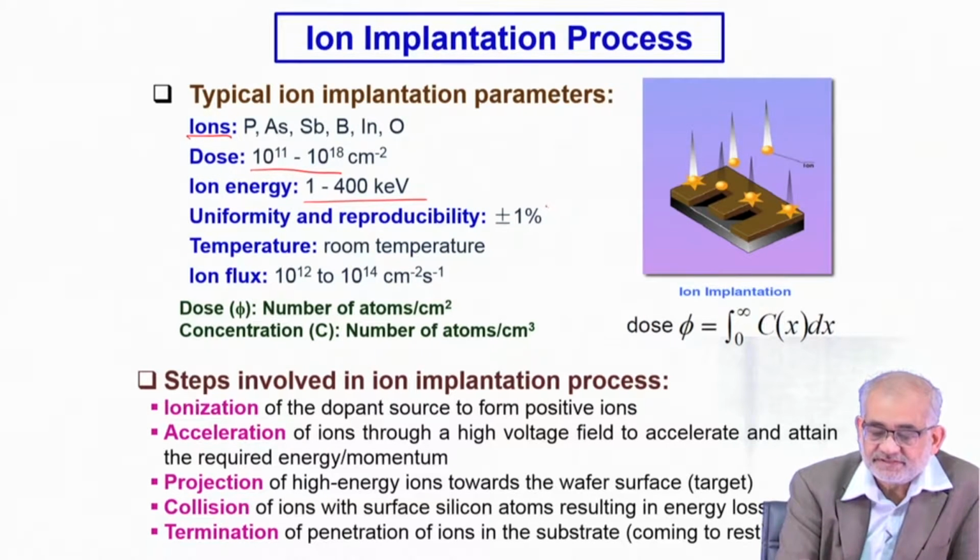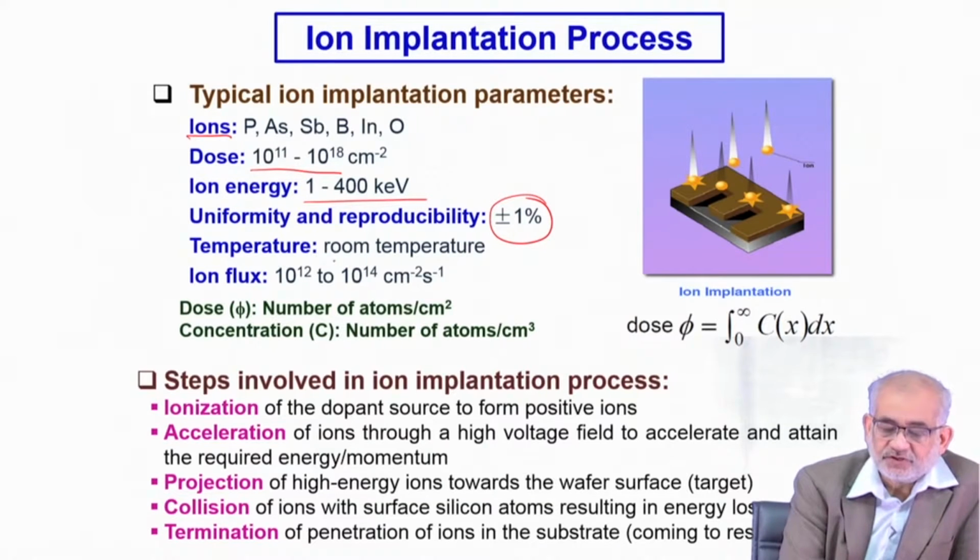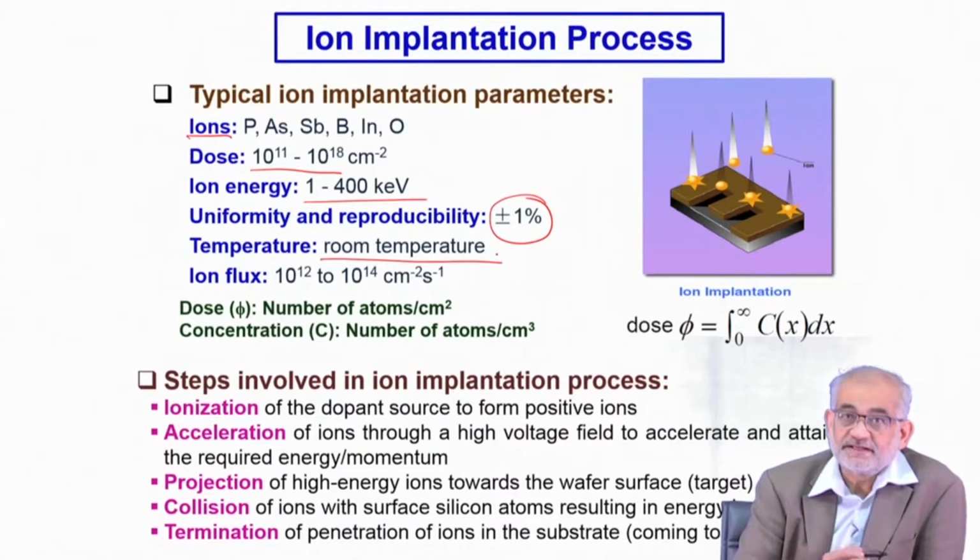As I was mentioning, the precision is extremely good, so you can create a region with compositional reproducibility within less than 1%, maybe much less than 1%. So essentially we can dope anything from parts per billion to parts per million, and maybe a few fractions of atomic percentages.